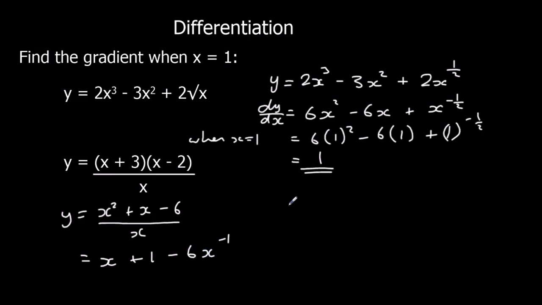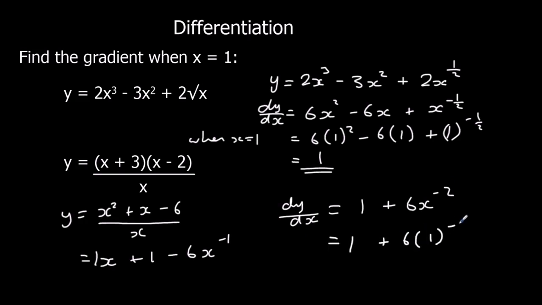So dy dx, I'll write it here, so it is 1 plus 6x minus 2. So 1x just goes to 1, the 1 on its own disappears, and then minus 6, negative 6 times a negative 1 is a positive 6, and then taking 1 off the power, negative 1 minus 1 is negative 2. And substituting in x is 1 gives us 1 plus 6 times 1, so that's 7.